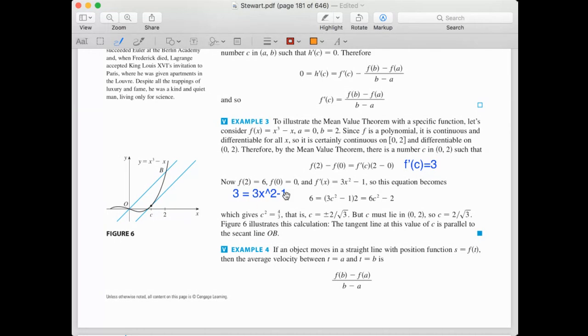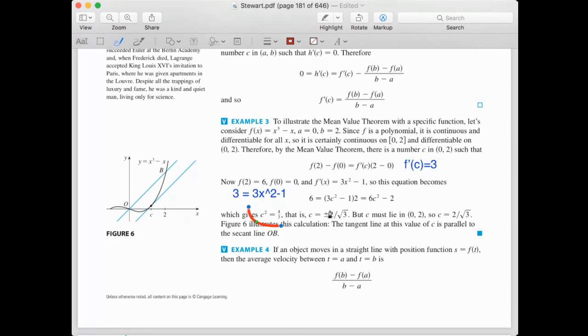Right? x squared, or c. We could just use c, because this is the f prime of c. So we could just think of this x as c. So c squared equals 4 over 3. Then we take the square root of both sides. So we get c equals plus or minus 2 divided by radical 3.